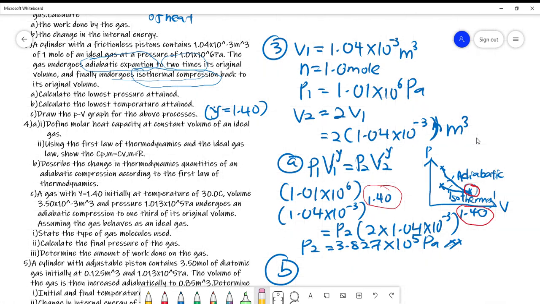So I can know that the temperature here and here is actually the same. So my lowest temperature here should be which one? This is quite confusing.